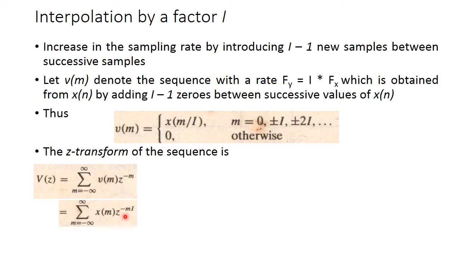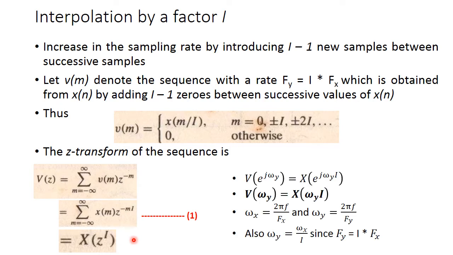Now you can put some values of I as well as m, and we can rewrite this equation as x of m into z raised to minus m into I. Let's call this equation 1, and in short equation 1 can be written as x of z raised to I.